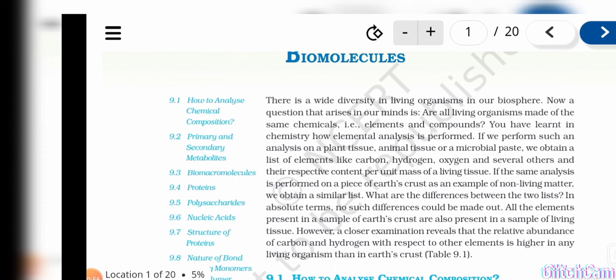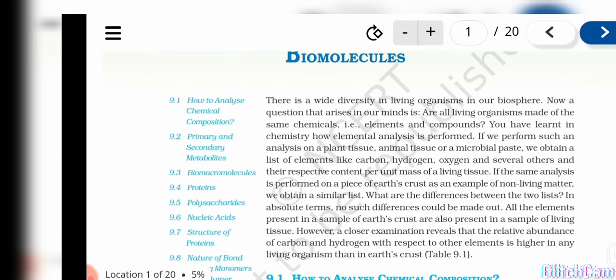So if we do the chemical analysis of organisms, in plant tissues or animal tissues or microbial paste, whatever it is, the elements which we get are what? Finally carbon, hydrogen, oxygen, and other minerals, etc. Understood? So the same thing you will get if you do a chemical analysis of the earth, or the soil.